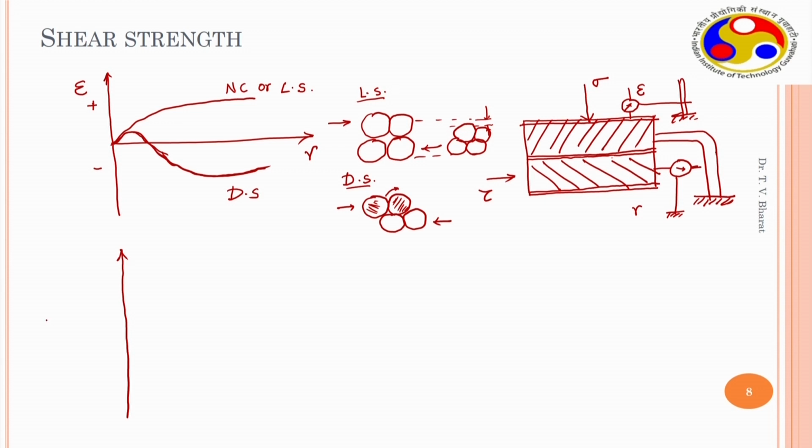So the dilatancy is plotted on the y axis, and on the x axis either normal strain or shear strain gamma or horizontal displacement is plotted.